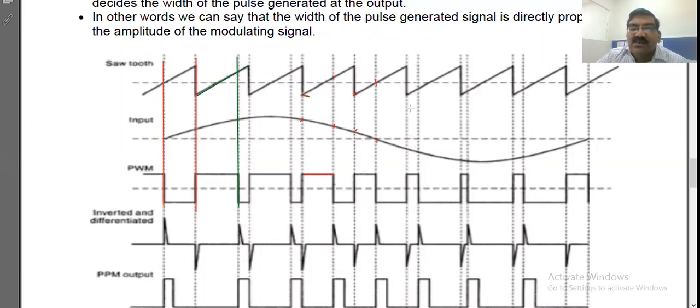Again the sawtooth is negative, and here this pulse is also negative, but less negative. So till this instant you will get the positive pulse, and beyond this the input signal becomes negative and the sawtooth becomes positive.